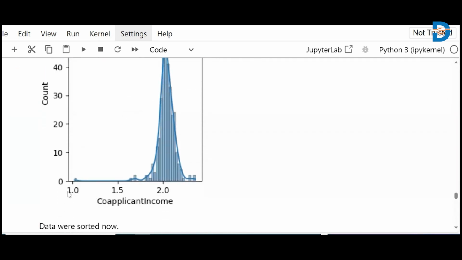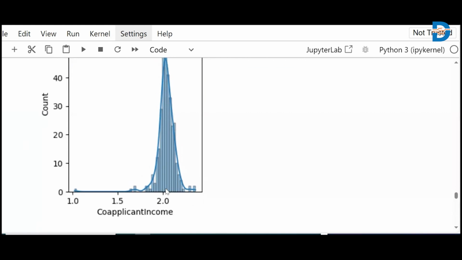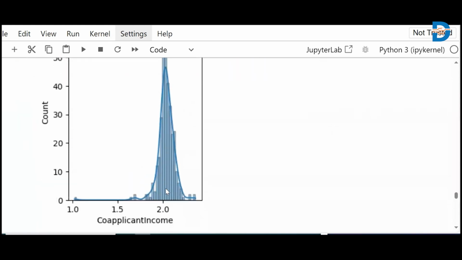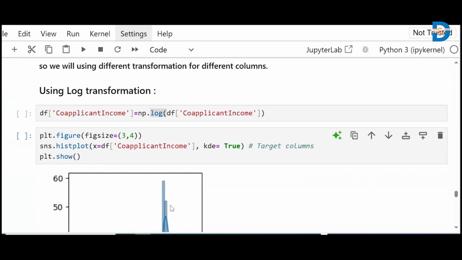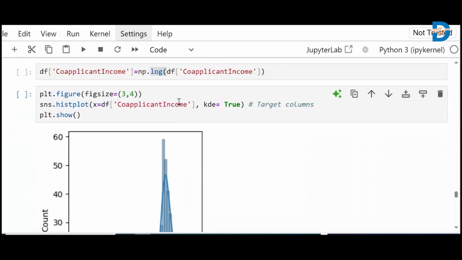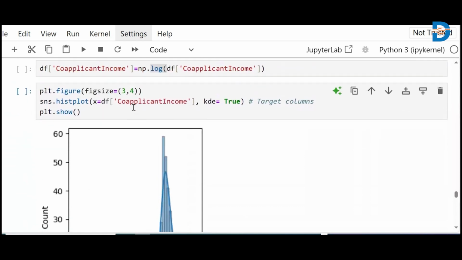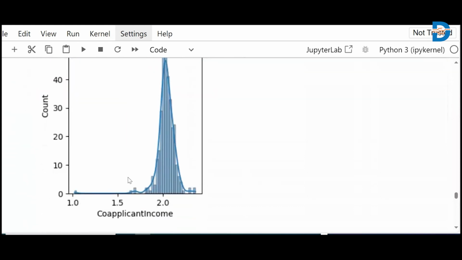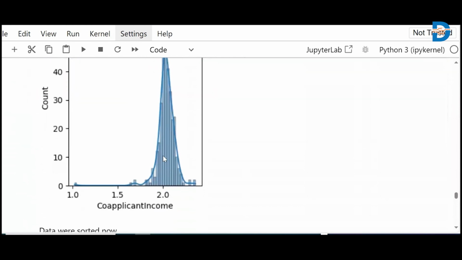Now you can see the range 1, 1.5, 2, you have shortened the range, thereby making it like a normal distribution, not the exact one, but it has a near resemblance. So the co-applicant income, from the skewed distribution, we are able to convert it into a normal distribution like distribution.